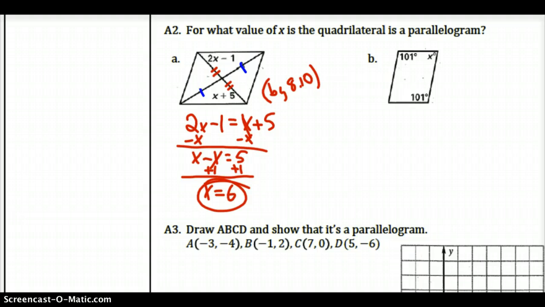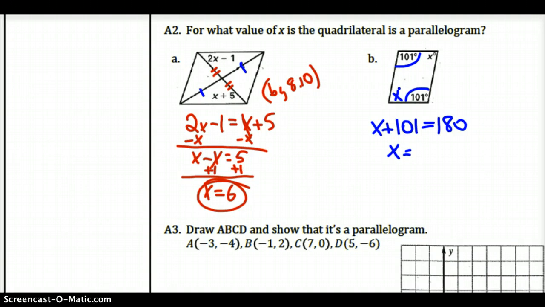Now similarly, over here, I'm looking at this being congruent to this. I'm hoping that this is the same as this. So in this case, if x plus 101 can be 180, that would mean that both of these are 79.